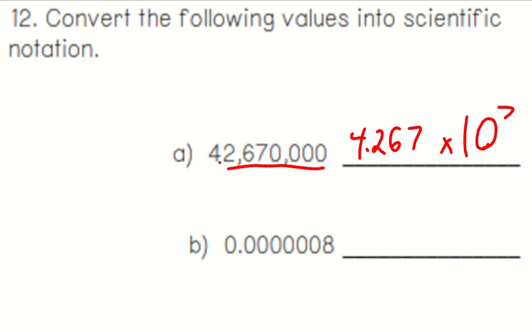All right, for B here, where's my decimal go? Behind the 8. Let's get a little more specific. Left or right of the 8? It's going to the right of the 8.